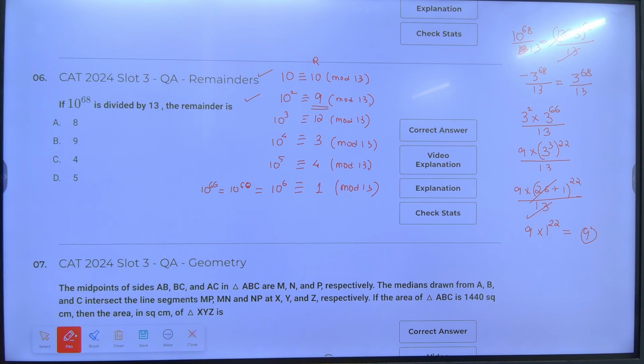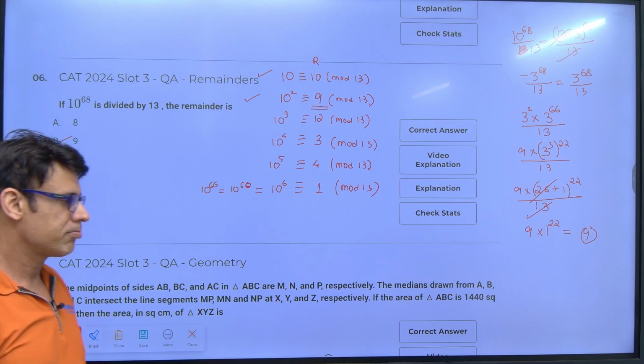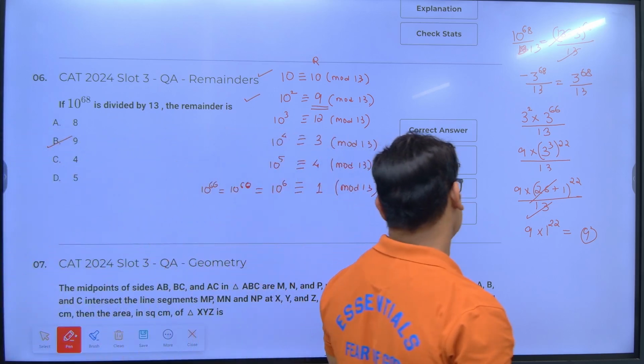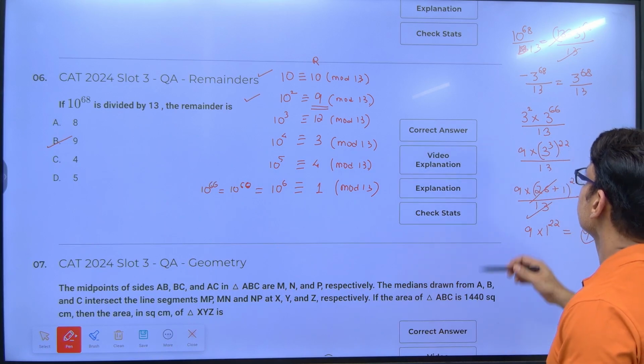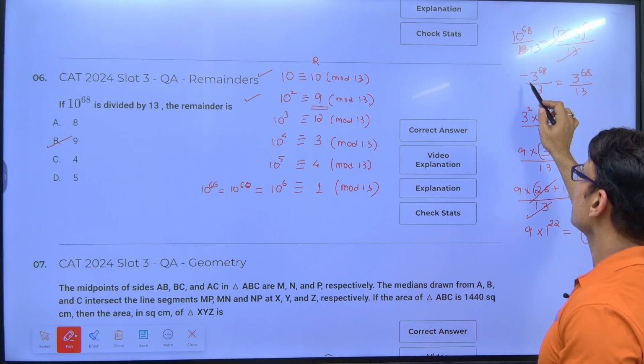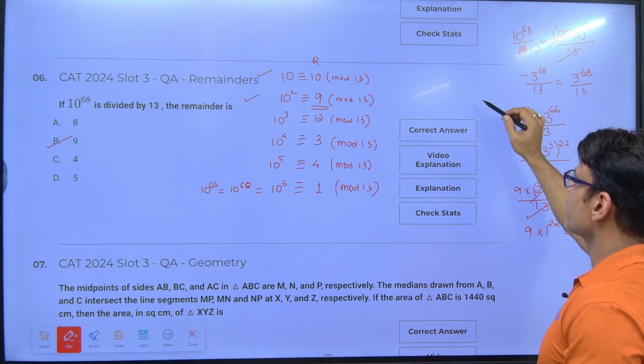Answer is 9. Which method you like? Both? This one. तुमको अच्छा लगा? This step, right? देखो -3 raised to the power 68.